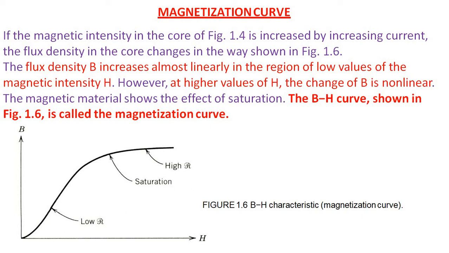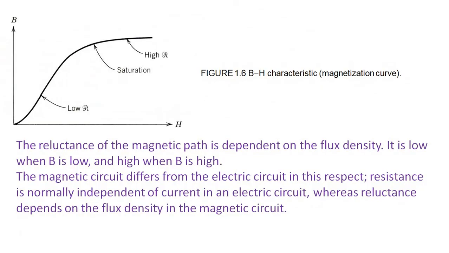The y-axis represents magnetic flux density, and the x-axis represents magnetic field intensity. The curve shows linear to nonlinear variations. In the linear variation there is low reluctance, then at saturation there is high reluctance, which is nonlinear in the graphical representation.